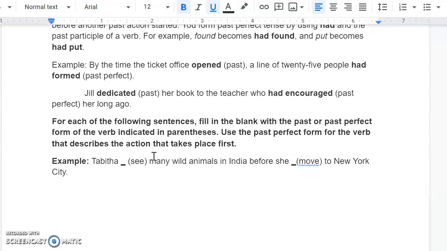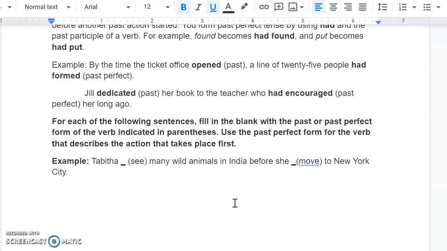So for your exercise, it says for each of the following sentences, fill in the blank with the past or past perfect form of the verb indicated in parentheses. You're going to be doing both so that you can show you understood which one happened before the other. Use the past perfect form of the verb that describes the action that takes place first. So your example here says Tabitha, and we're going to use some form of see, many wild animals in India before she, some form of move to New York.